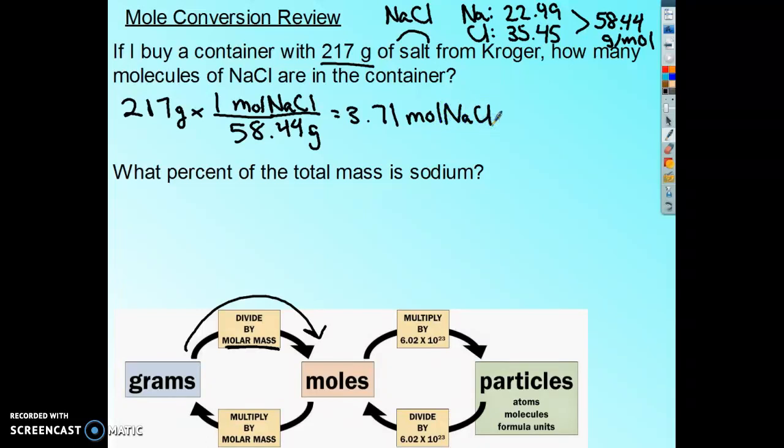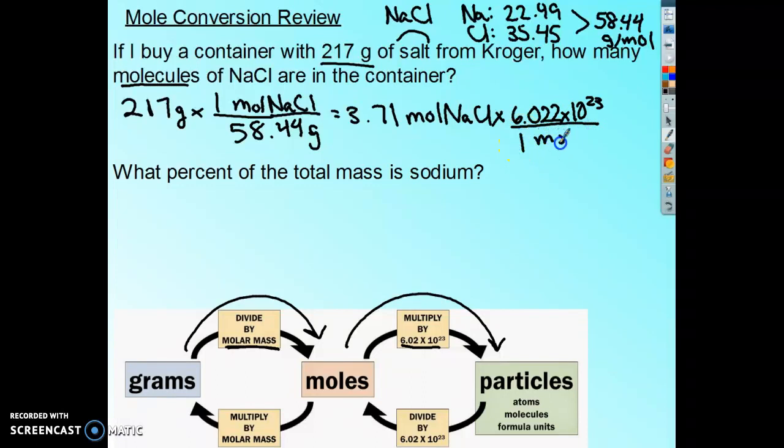NaCl. And the last step here is to go from moles to particles because we are asked how many molecules. Okay, so that's the final unit we have to reach. So to go from moles to molecules, I'm going to have to multiply by Avogadro's number, 6.02 times 10 to the 23rd power. And that's how many molecules are in 1 mole.